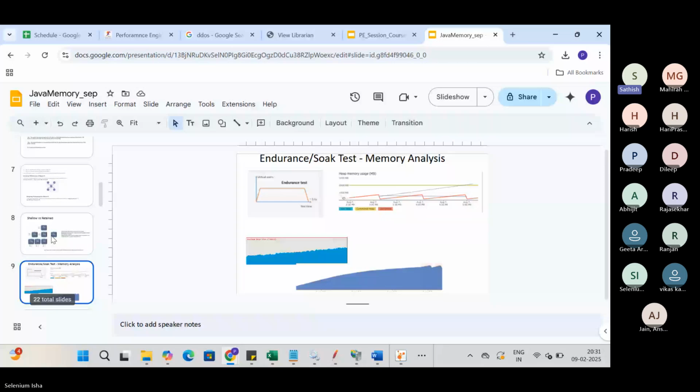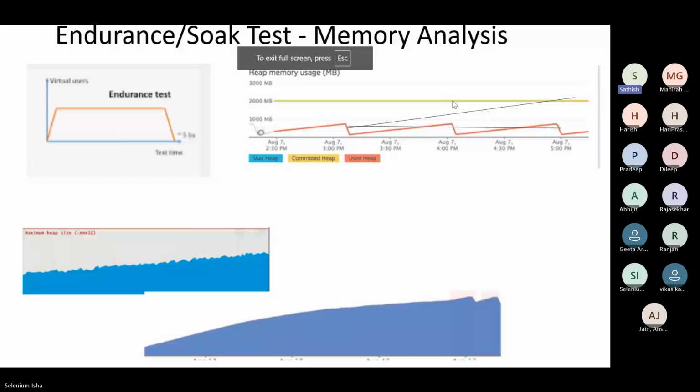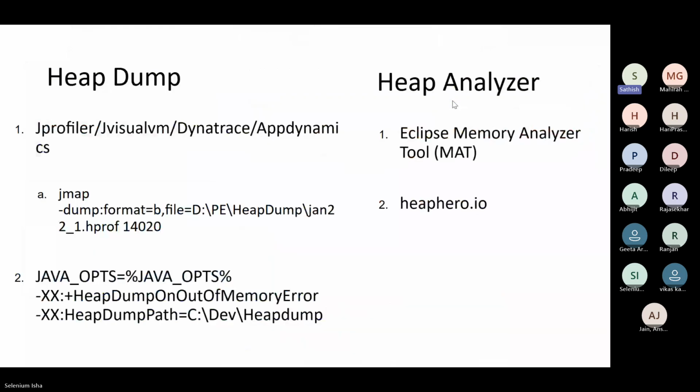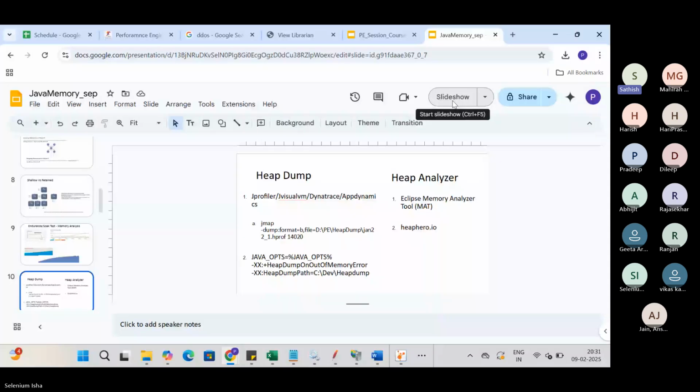What is the pattern you have to monitor in your endurance test? The pattern at the top is very good; the pattern below has a problem. Then we will understand when and how to take the heap dump, with a couple of options for taking it, and then use a tool like Eclipse Memory Analyzer to analyze it as well. So we'll have complete learning from a heap and heap dump perspective.